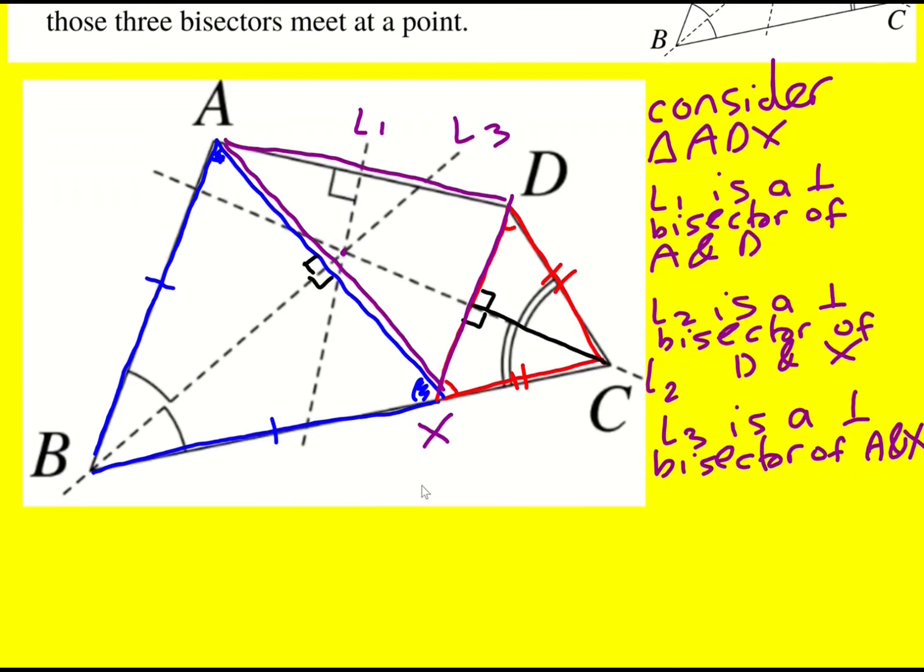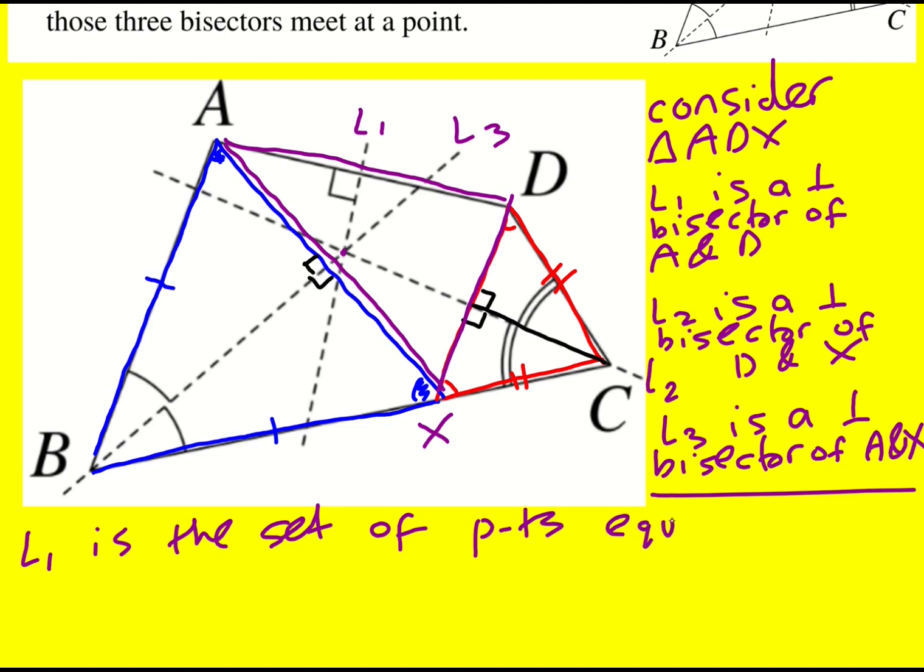And there's something crucial about this. So L1 is the set of points equidistant. See, when you draw a perpendicular bisector, you actually create a locus, a set of points the same distance away from A and D, in this case for L1.